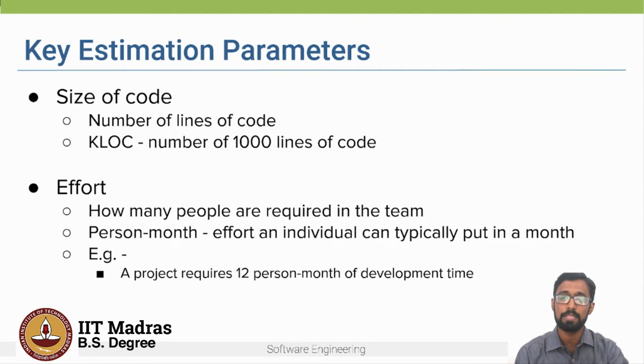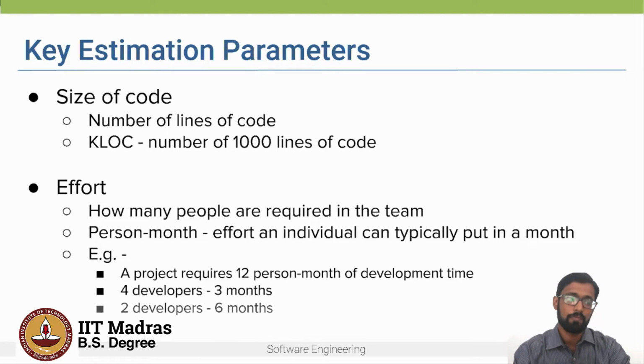What that means is, if there are 12 people and all these 12 people work on this project for 1 month, then this project can get completed, right? If we have only 4 developers, that means this project will require 3 months. And if we have just 2 developers, then it will require 6 months.